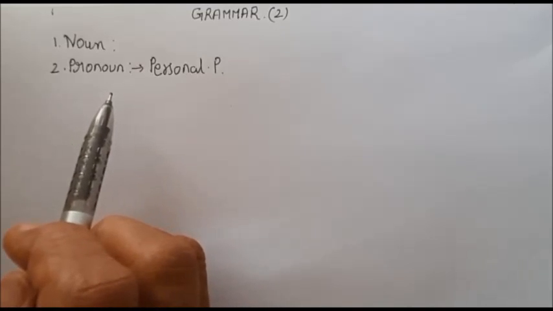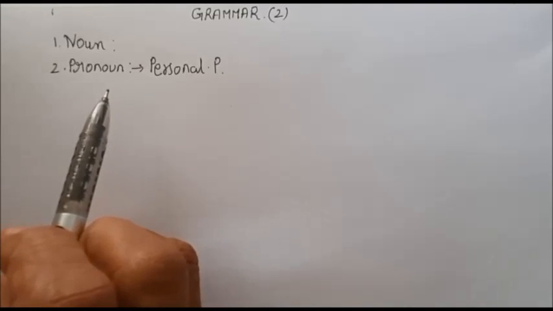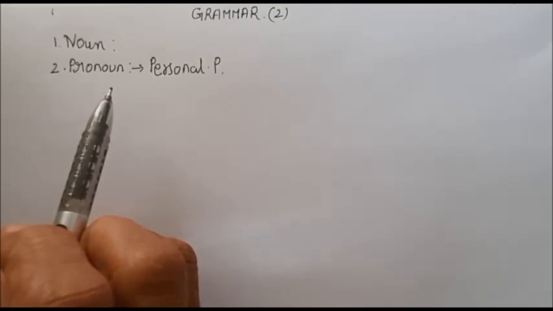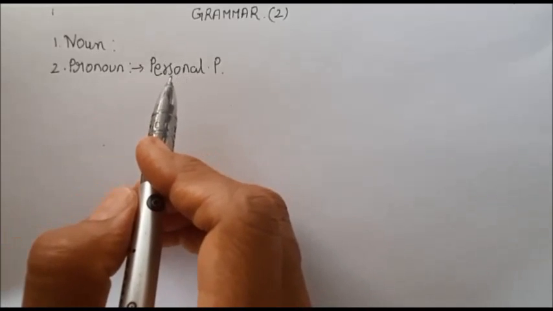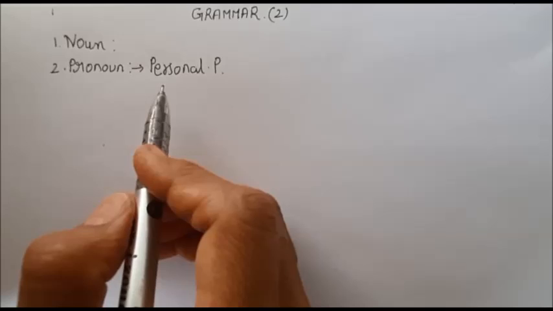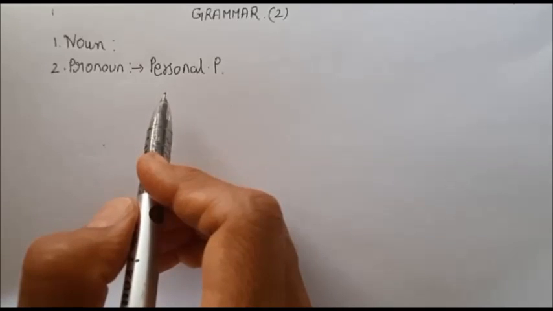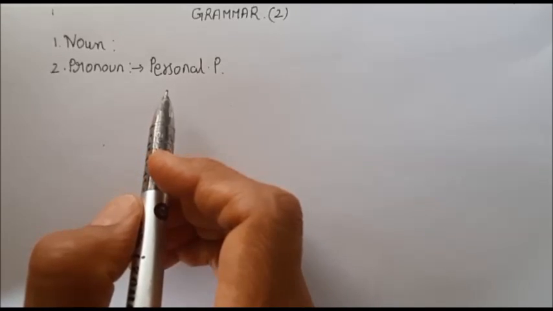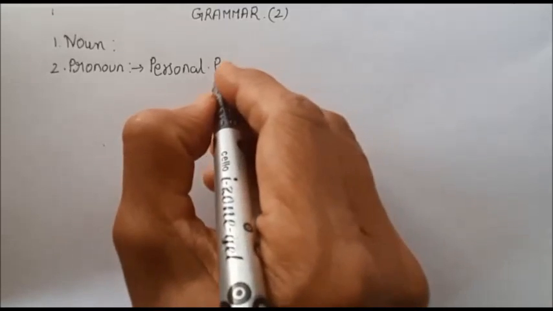And pronoun, as I told you, means it is used in place of a noun. Now there are different types of pronoun also. Let's just go through it, that is the types of pronoun. Now what is personal pronoun?